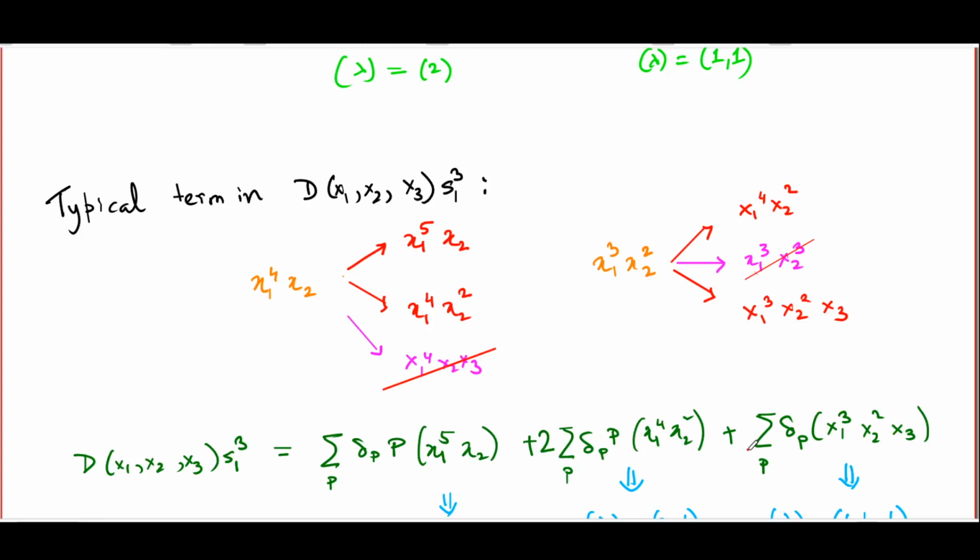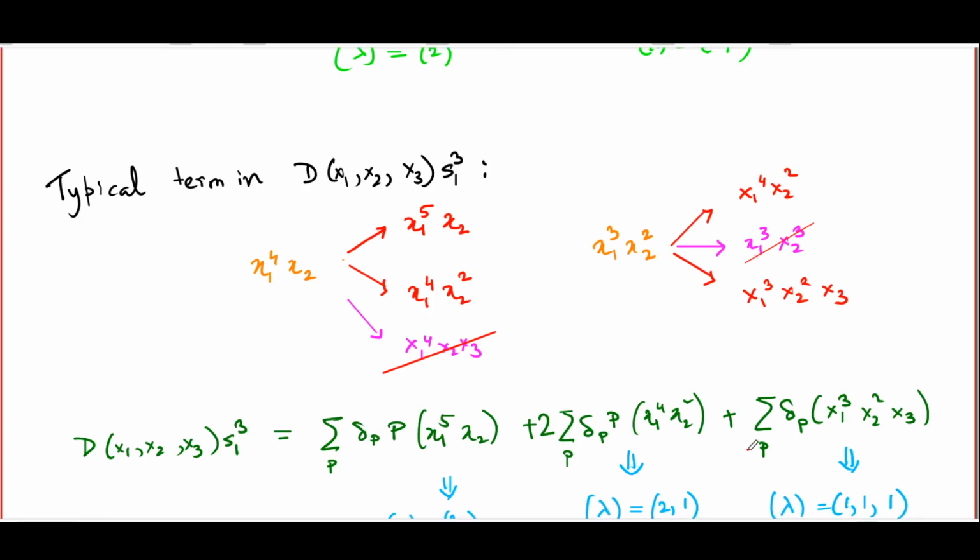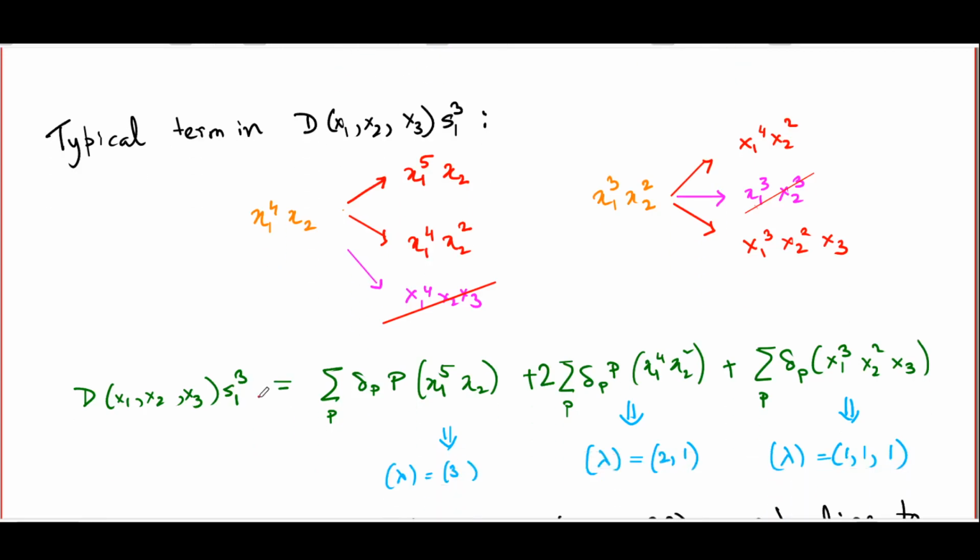And the third one starting with x1 cube, x2 square, x3 with a coefficient of 1. And remember, we can easily figure out that these correspond to the partitions 3, 0, this one to the partition 2, 1, and this one with the partition 1, 1, 1, which is why all the three powers of x1, x2, x3 have gone up by 1 here, compared to D that is.